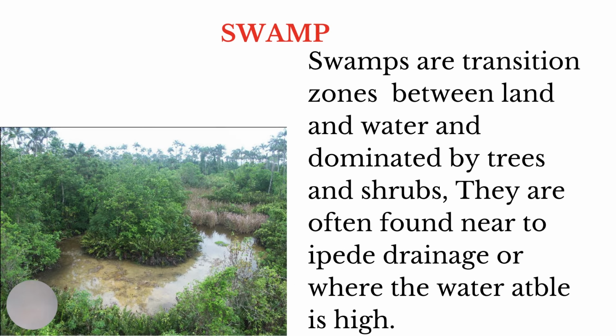Then we have our swamp, and the swamp, just like the mangrove, is developed in waterlogged conditions, but it doesn't have to be close to the coast. It can also develop inland.